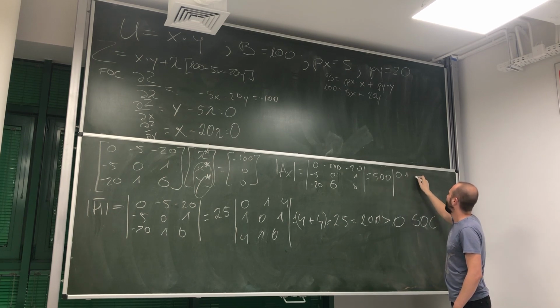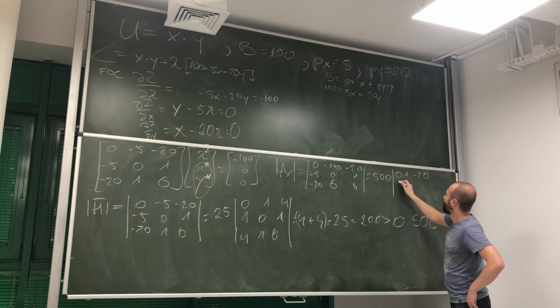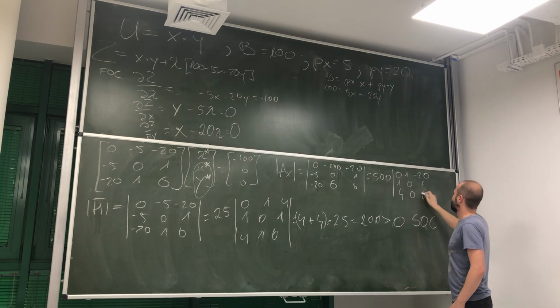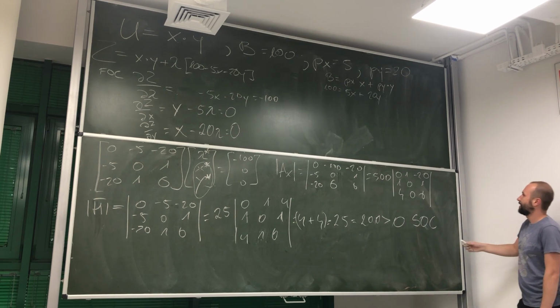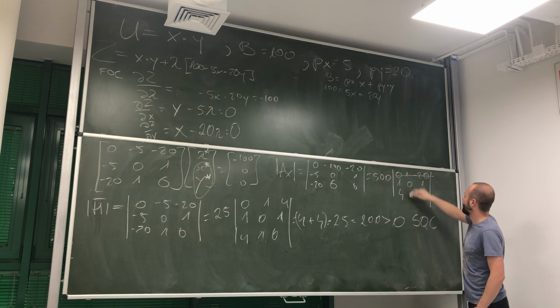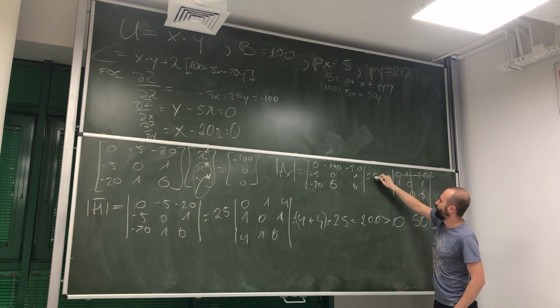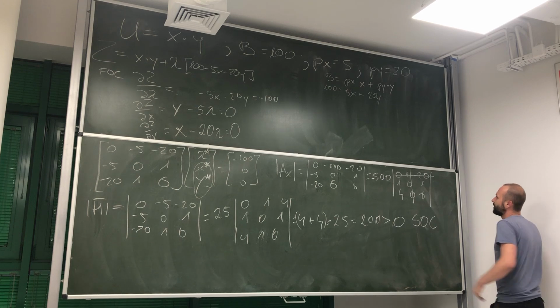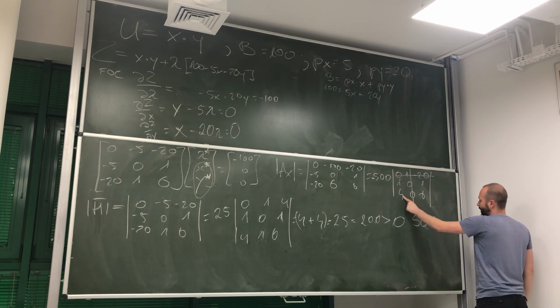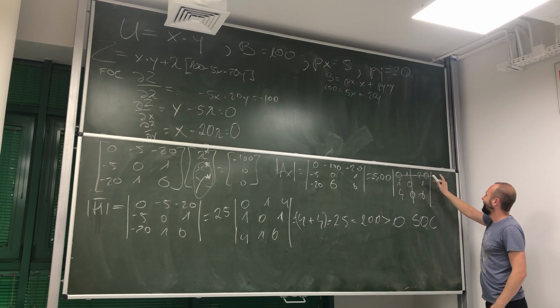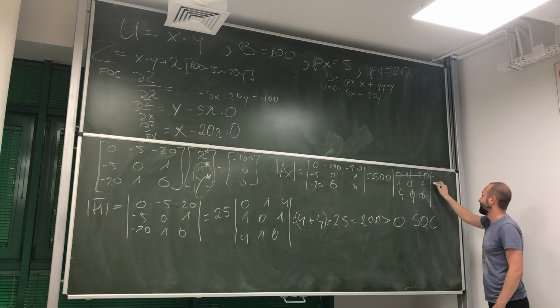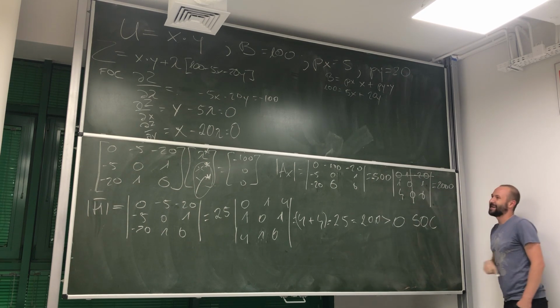Finally, using Laplace expansion, we can get rid of this and this and put a minus up front: negative 4 times negative 4 times negative 500. It's 2,000.